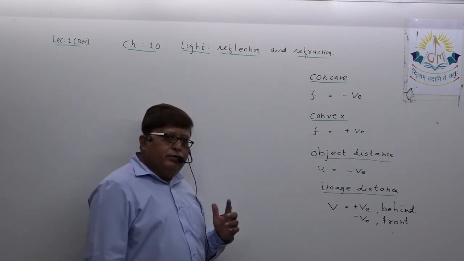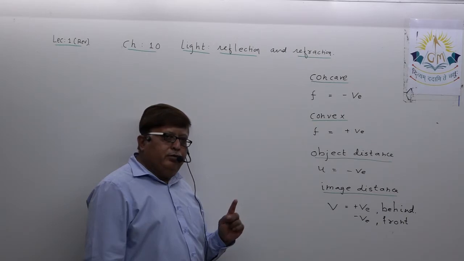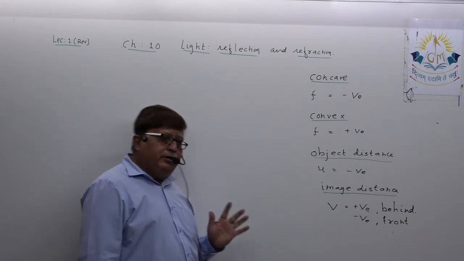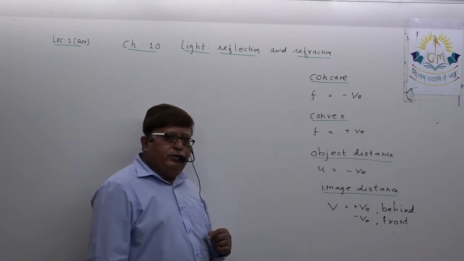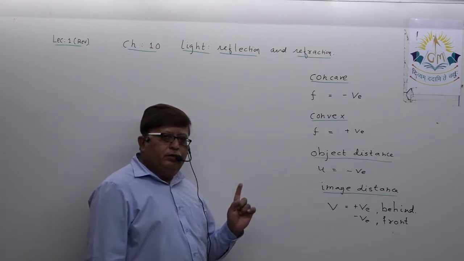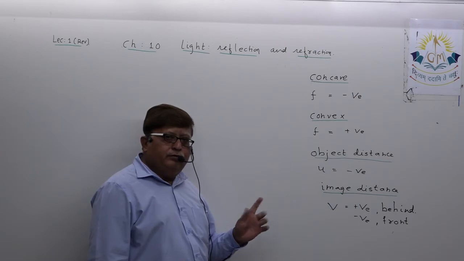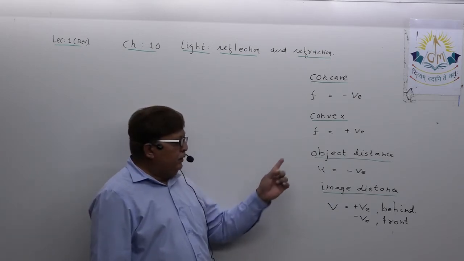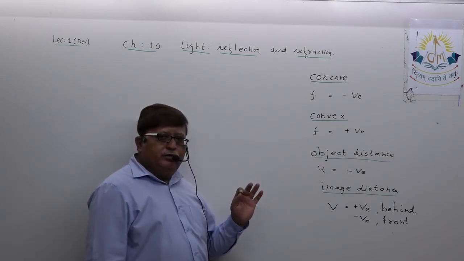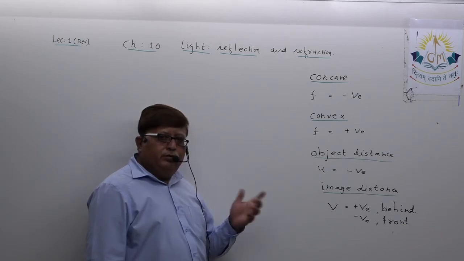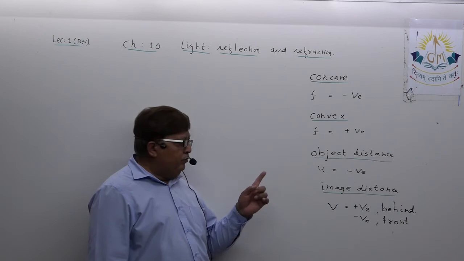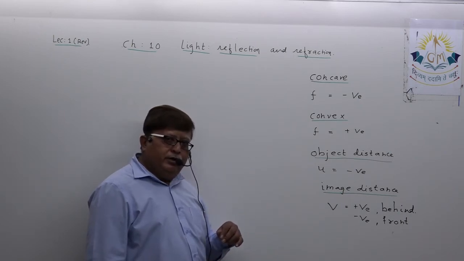For concave mirror, focal length is always negative. For convex mirror, focal length is always positive. Object distance in either mirror, whether concave or convex, is going to be negative.